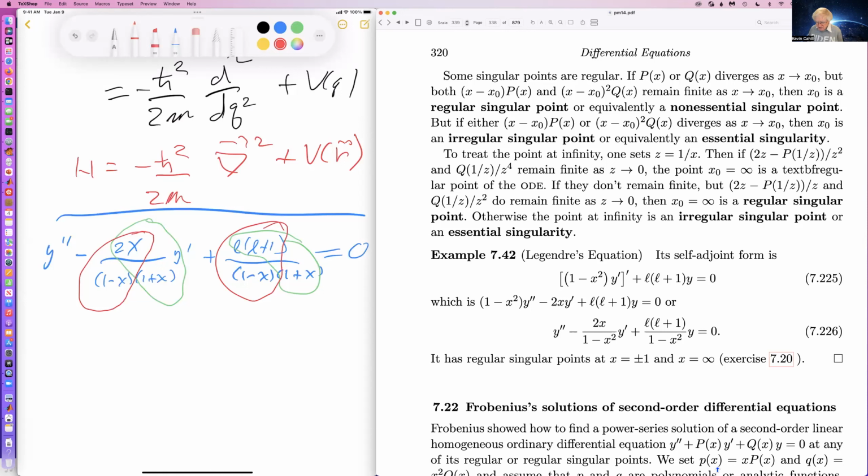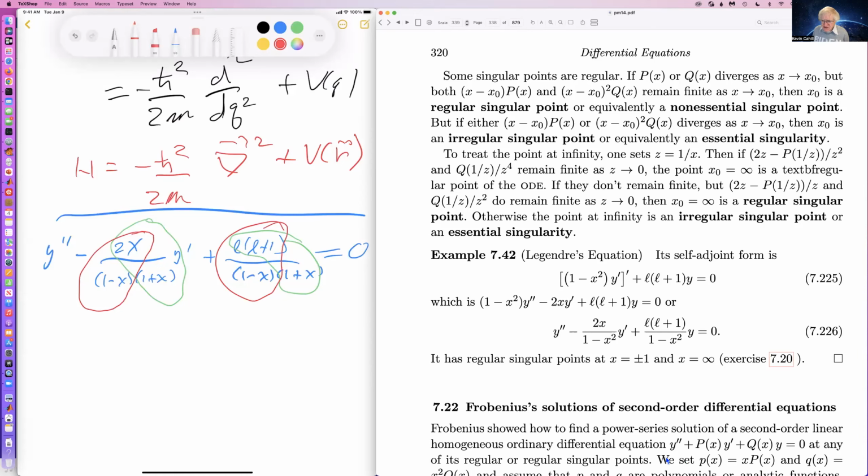So the singular points of Legendre's equation are both regular singular points. That should be no surprise, because Legendre's equation wouldn't be so famous if it had irregular singular points, which of course would cause everybody a lot of trouble.